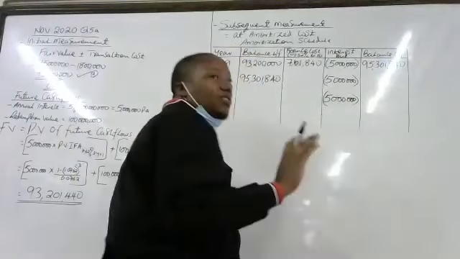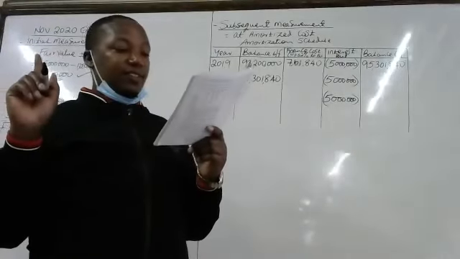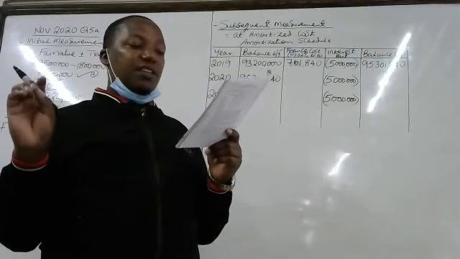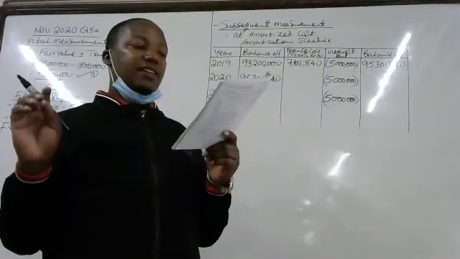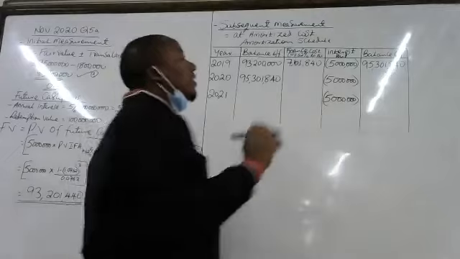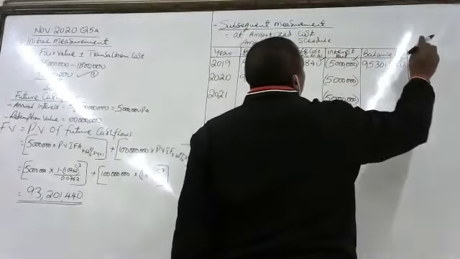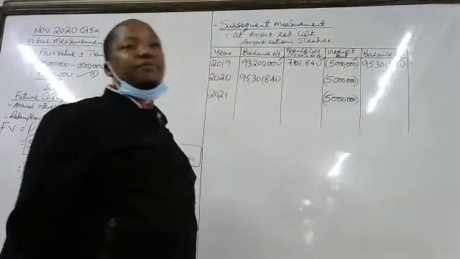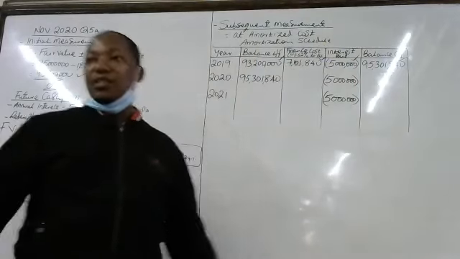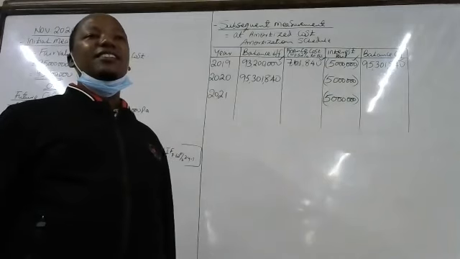The examiner did not require other years, just the first year. It is to demonstrate how the bond issue should be accounted for in the books of Dodoma Limited for the year ended 31st December 2019. There were four parts, each 2 marks, that is 8 plus 2, 10. That is how generous these people are.